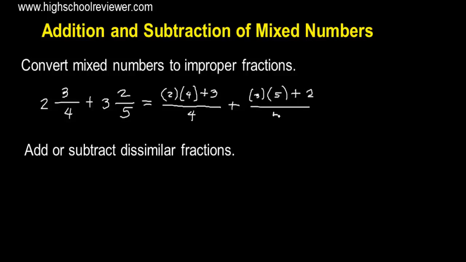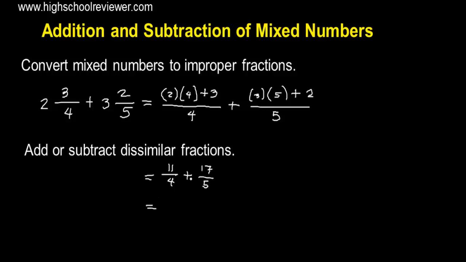The denominator here is 5. 2 multiplied by 4 plus 3 is 11, and the denominator is 4, plus 3 times 5 plus 2, that is 17, with 5 as the denominator.